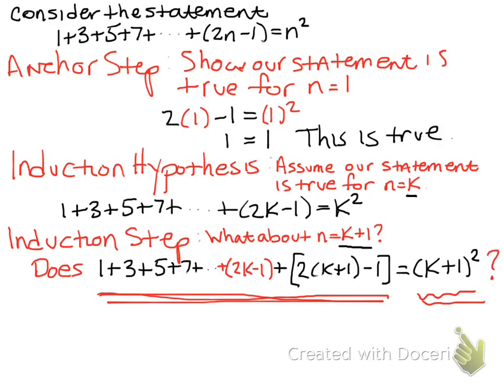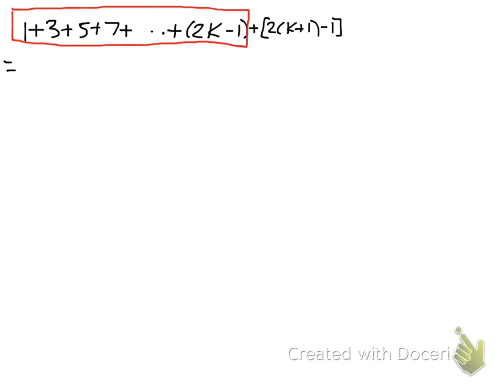So our hypothesis was that if you start at 1 and add everything up to 2k minus 1, that would equal k squared. Well, so we could use that in our problem. Starting with 1, everything up to 2k minus 1, all of that adds up to k squared.